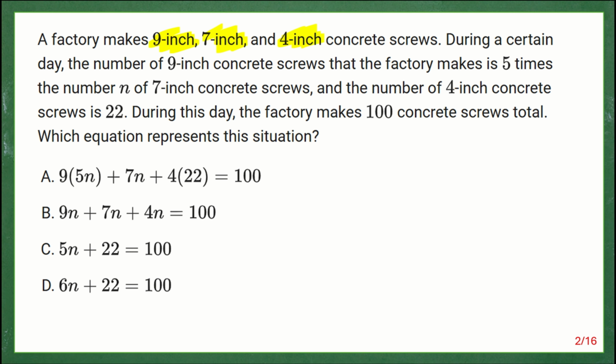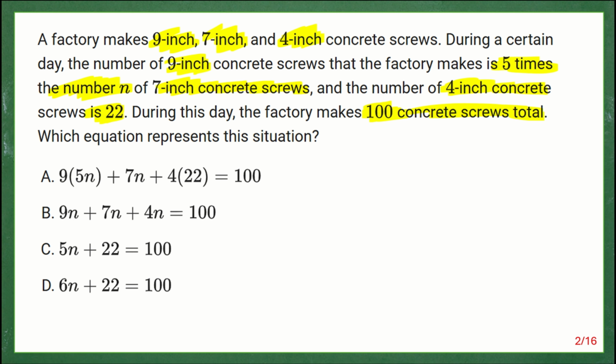During a certain day, the number of 9-inch concrete screws that the factory makes is 5 times the number n of 7-inch concrete screws, and the number of 4-inch concrete screws is 22. Now, during this day, the factory makes 100 concrete screws in total. Which equation represents this situation?